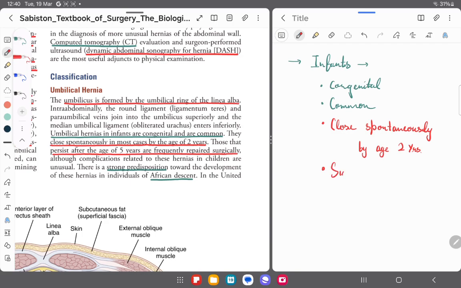So when do we have to do surgery in infantile umbilical hernia? Surgery has to be done if the hernia persists after 5 years.